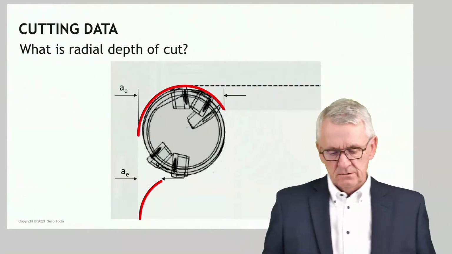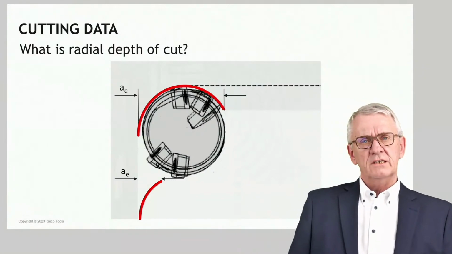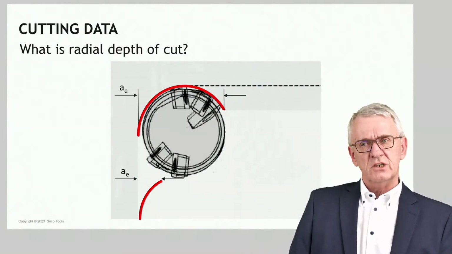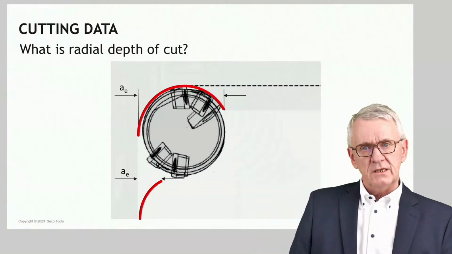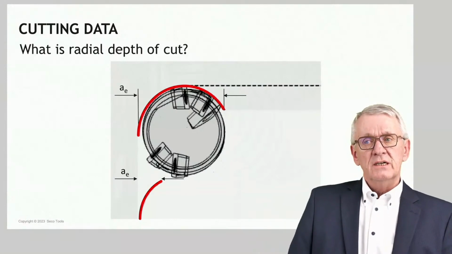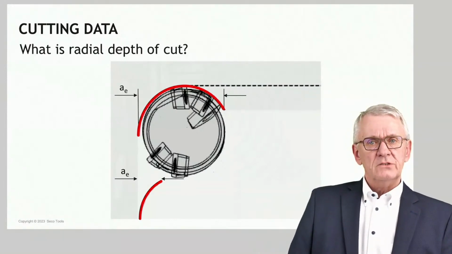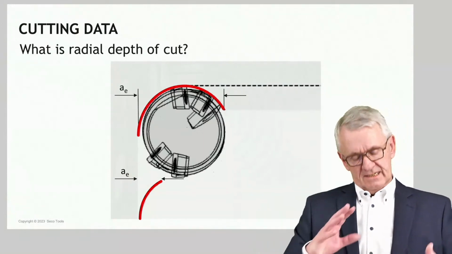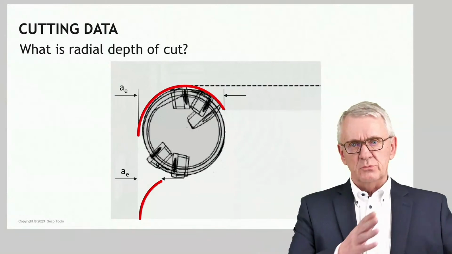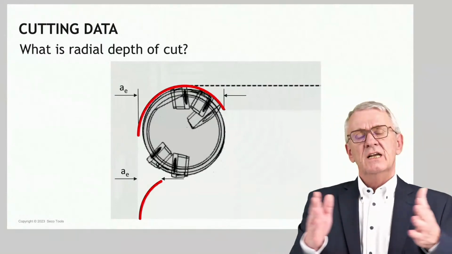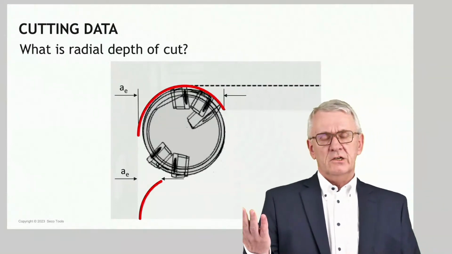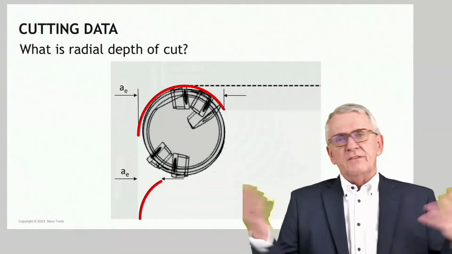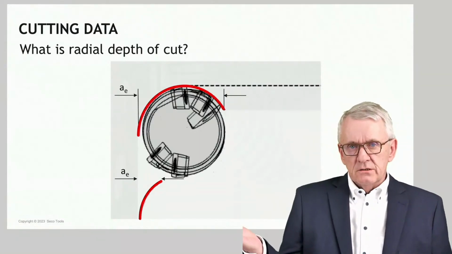Okay, we reduce the feed. But why do we reduce the feed? Now, with the subject of today, it should be clear. Because radial depth of cut compared to the diameter is one of the variables that determines the relation between average chip thickness and feed. Now, a milling cutter, in whatever situation it is, an average chip thickness is an average chip thickness.